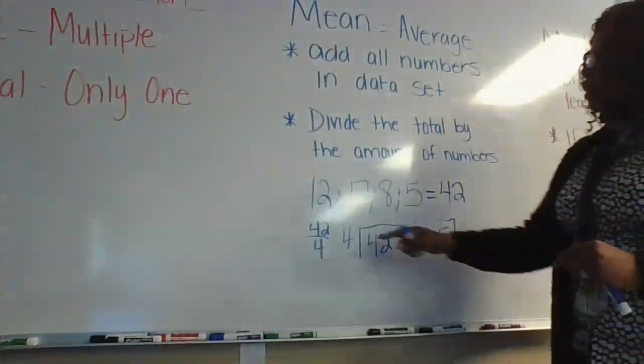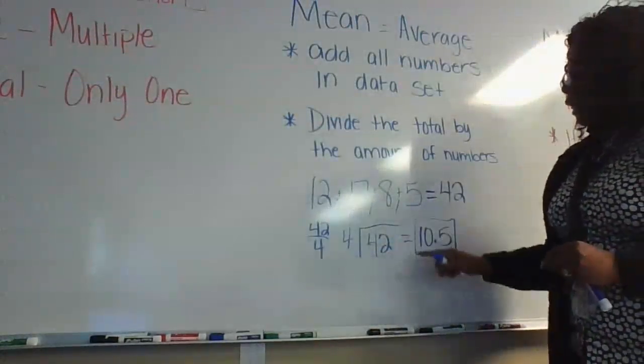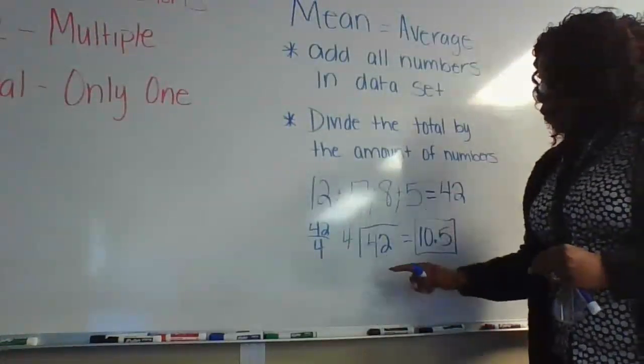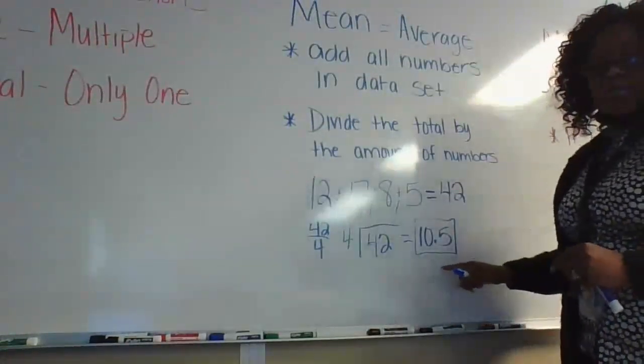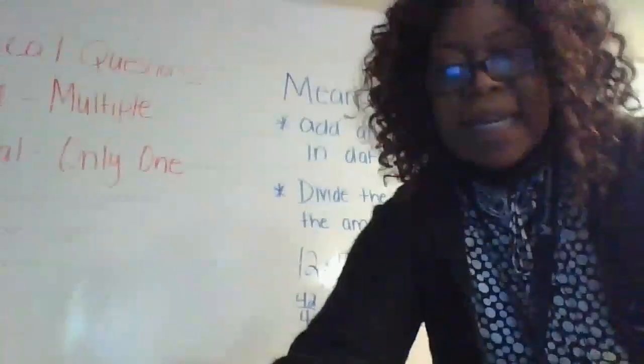So again, we just took the numbers in the data set, added them together, and then divided by the amount of numbers in the data set, which was 4, and we get 10.5. Okay? That is the mean or the average. Mean and average are the same thing.